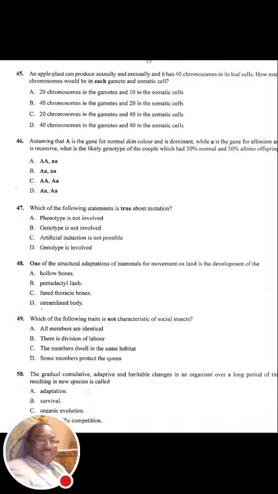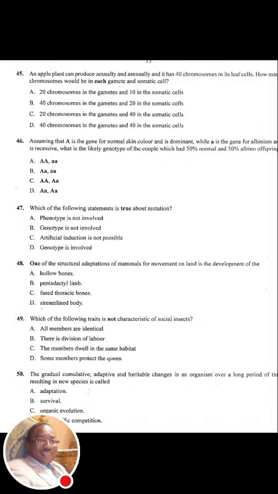So we are going to look for the option that will have 20 chromosomes in the sex gamete and then 40 chromosomes in the somatic cells, or the leaf cells, or the body cells.